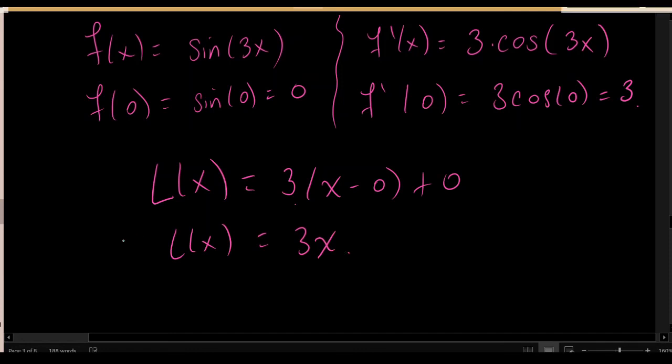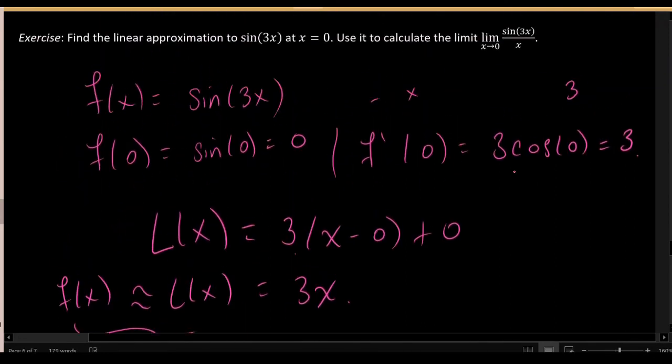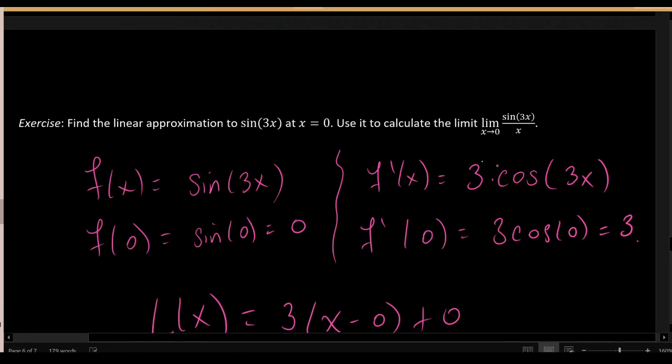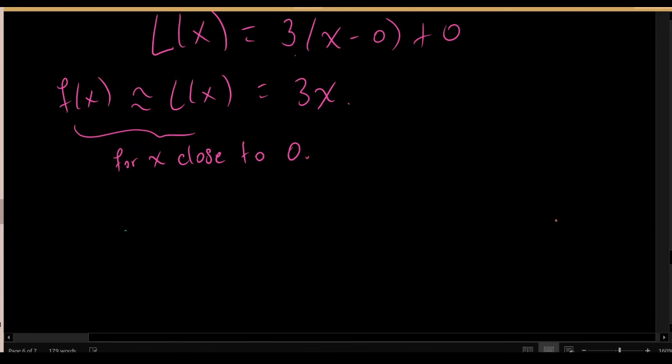Here is our linear approximation, which is approximately equal to the original function for x's close to the 0 value that we were given. Now in a problem such as the one given above, where we're calculating the limit as x approaches 0, x is basically getting infinitely close to 0.